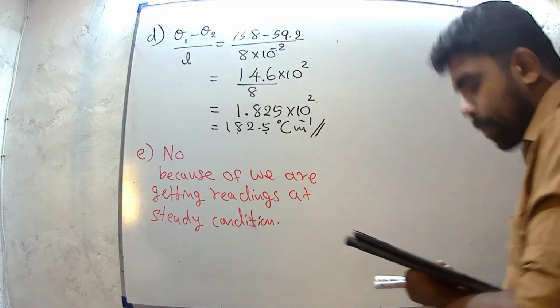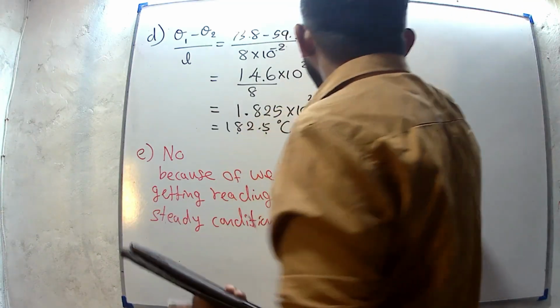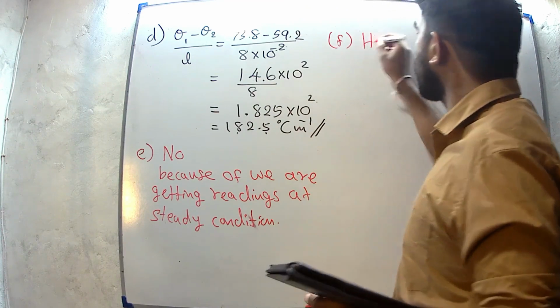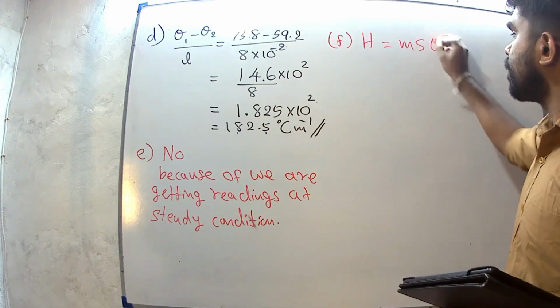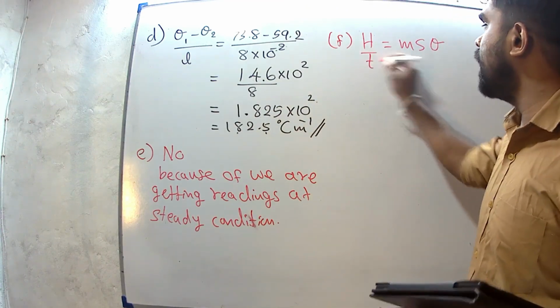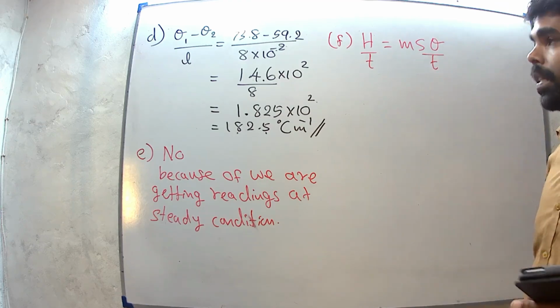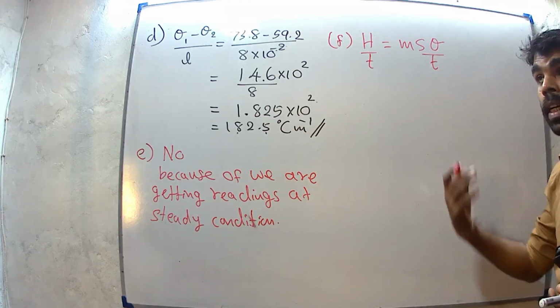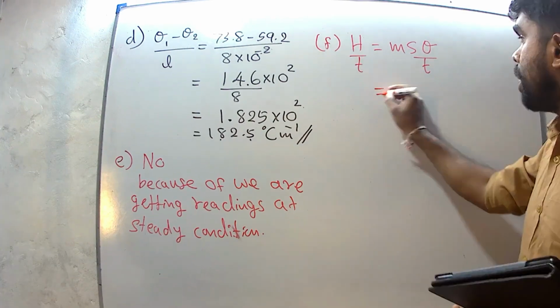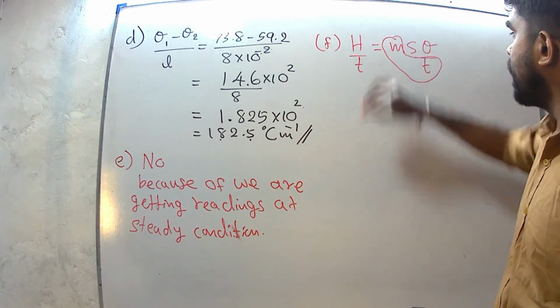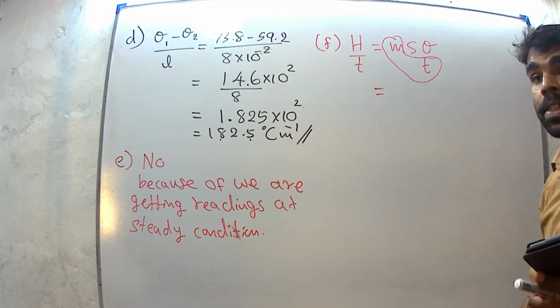Rate of heat absorption. We know that heat absorption is m s theta. We can divide by time to get the rate of heat absorption. Mass over time, mass per unit time, means mass flow rate.